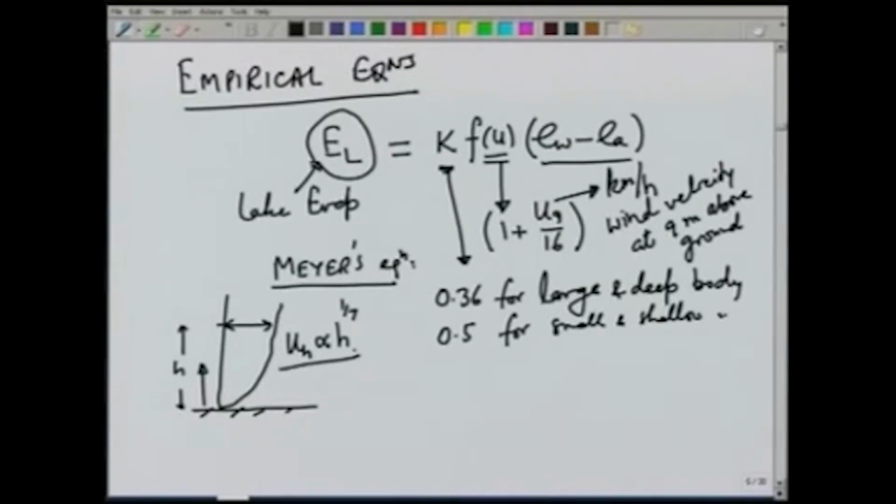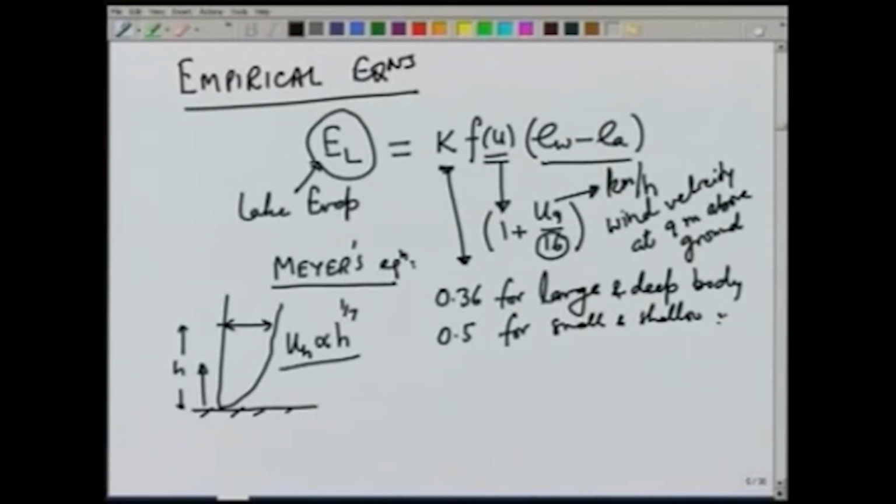This is known as the 1/7 power law in the boundary layer. So UH is typically proportional to 1/7 power of the height. This 16 comes in the original equation. This was 0.1, that means this was 10, but since we are converting miles per hour to kilometers per hour, this factor of 16 also comes there.